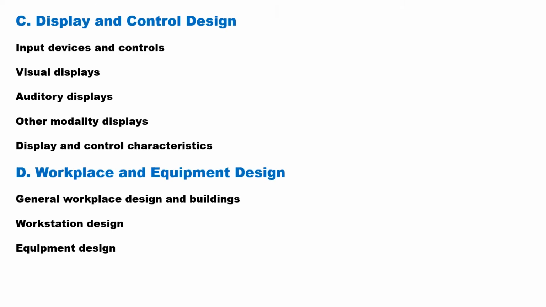Display and control design includes input devices and controls, visual displays, auditory displays, other modality displays, display and control characteristics. Workspace and equipment design. It includes general workspace design and buildings, workstation design, equipment design.